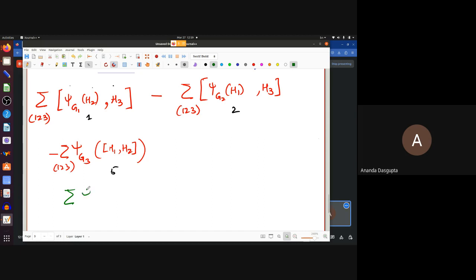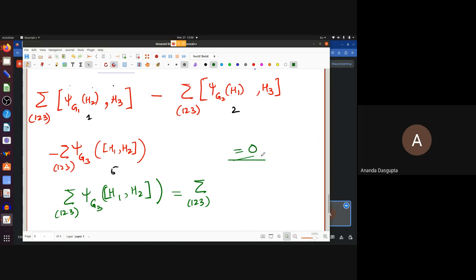Leave this as it is. So psi G3 is acting on the product. Remember, this is a Lie bracket, but this is a product on this Lie algebra. Cyclic sum, of course, equal to the 1, 2, 3 cyclic sum. This whole thing, if this has to be 0, right?